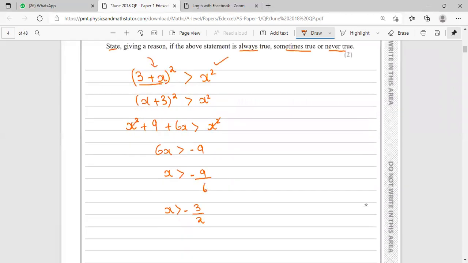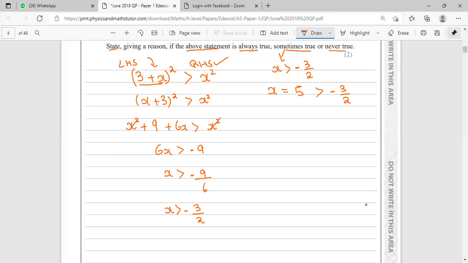Okay. So this is what we have after our working. And this basically means that this inequality, or the above statement, is sometimes true, when x is greater than minus 3 by 2. Okay, let's check that out. Let's do it for x equals 5. When we have x equals 5, it certainly is greater than minus 3 by 2. So this is the left hand side and this is the right hand side.